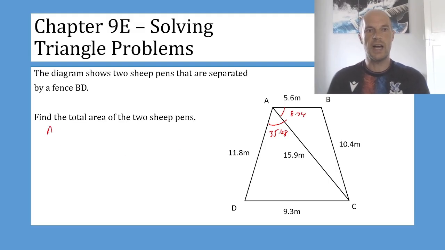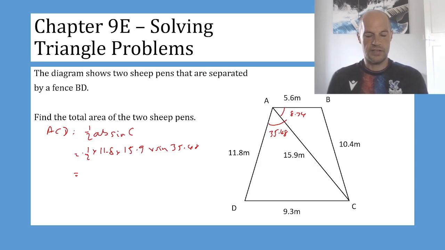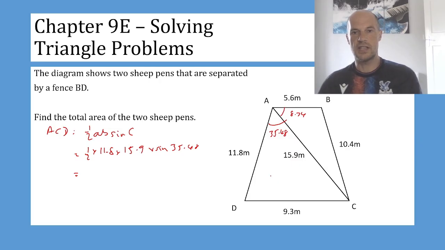For the triangle ACD, it's 1/2 ab sine C, so that's 1/2 times 11.8 times 15.9 multiplied by the sine of 35.48. So this is 54.45 square meters.